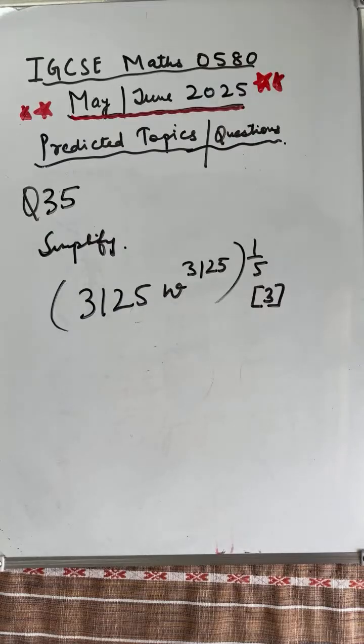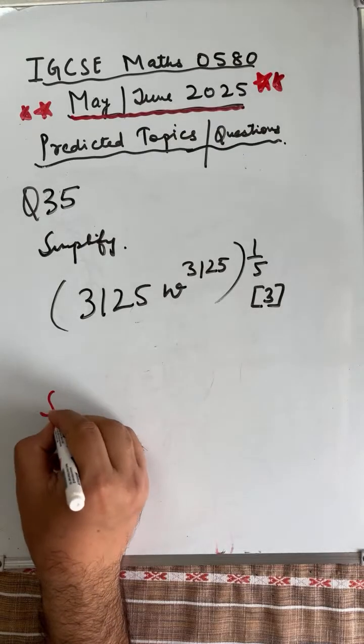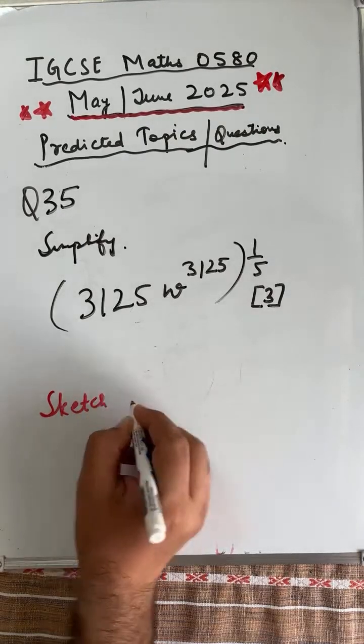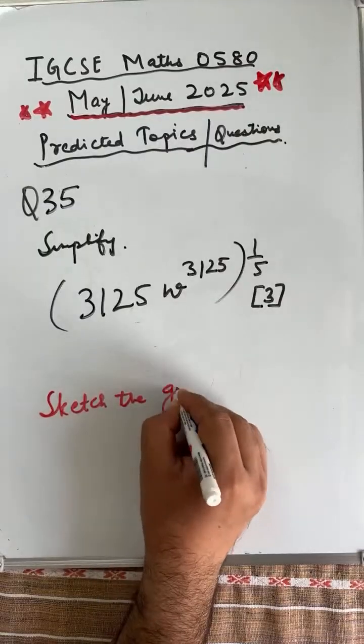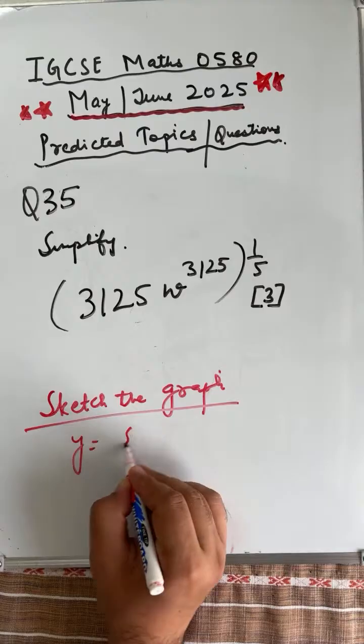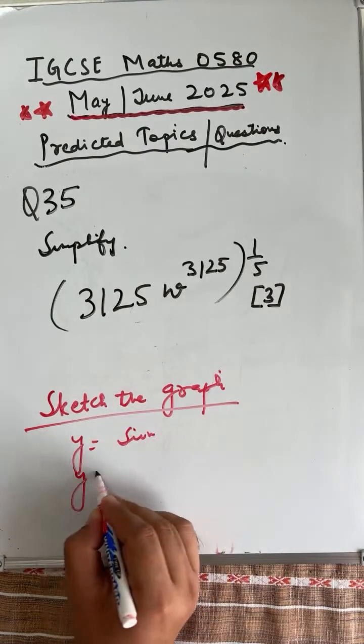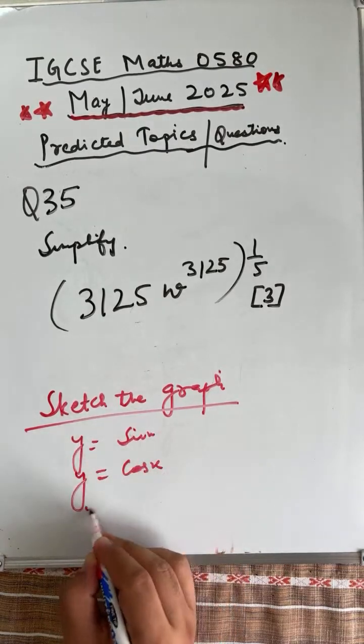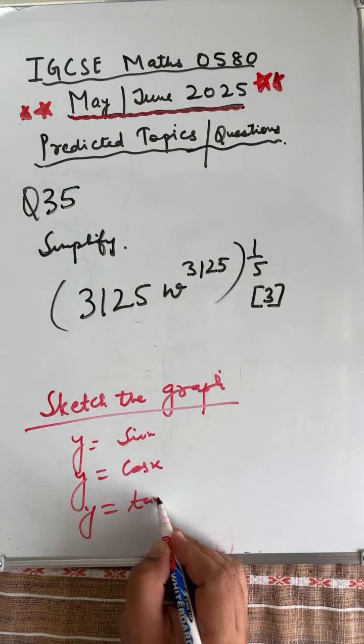And remember, you have to sketch the graph also. Sketch the graph of y is equal to sin x, y is equal to cos x, y is equal to tan x.